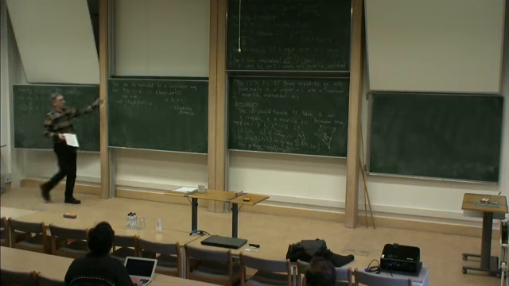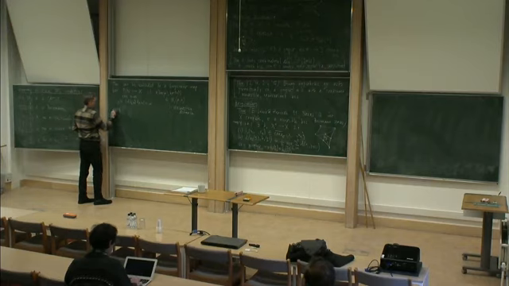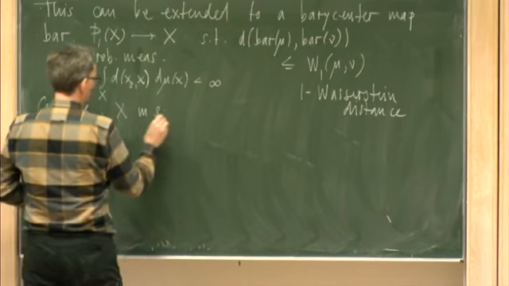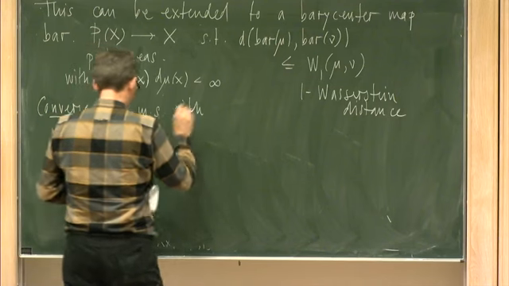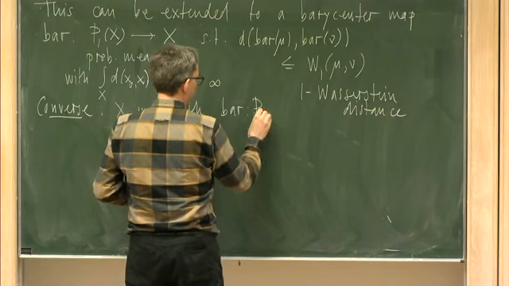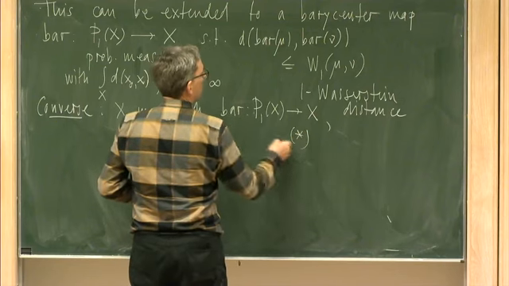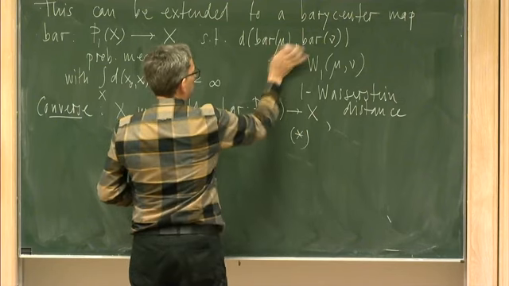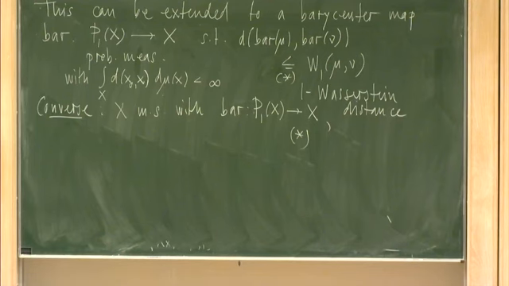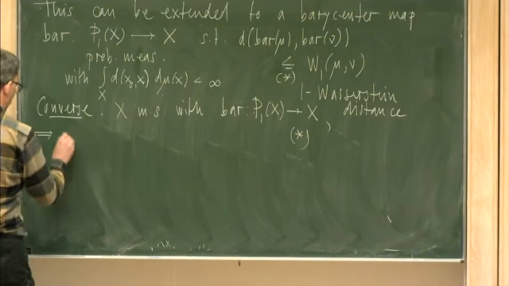Because if you have such a map, there's a converse. So if X is a metric space with a barycenter map from P1 of X to X, which is 1-Lipschitz with respect to W1, then you can write down a bicombing.